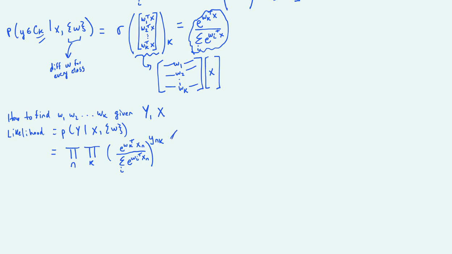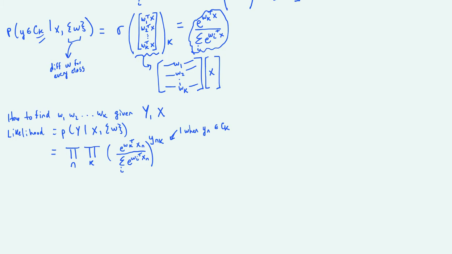So this will be 1 when y_n is in class k from the training set, and 0 otherwise. And since we're taking a product, anything to the 0 is 1. It just gets essentially ignored in the product.